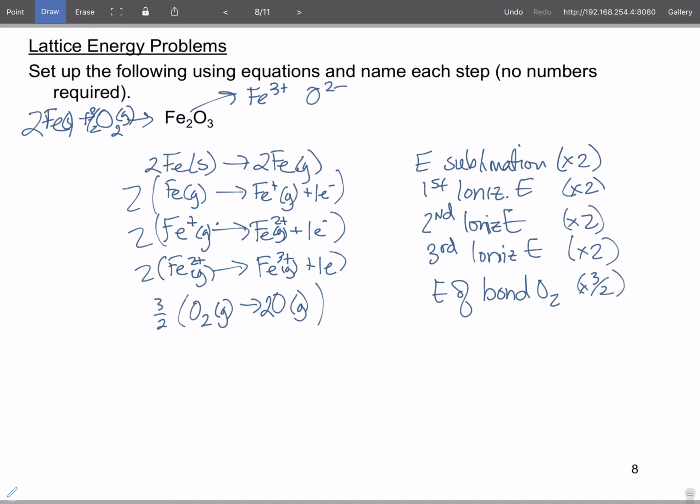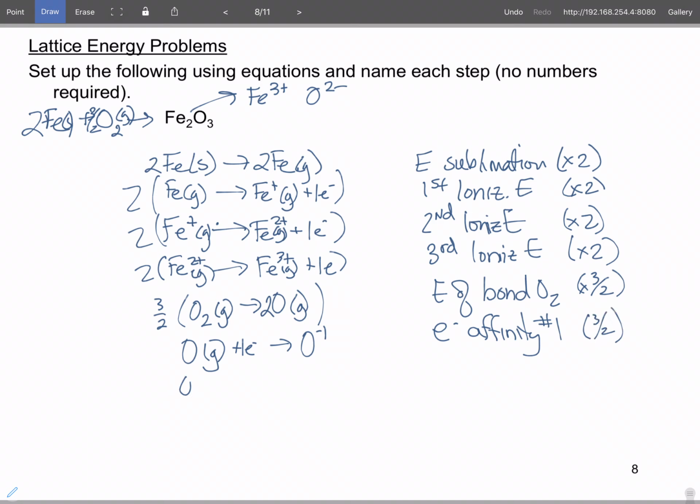So then we take our oxygen, and we would gain 1 electron, and we would find O1 minus, so that's electron affinity number 1. And again, we'd have to multiply that by 3 halves.